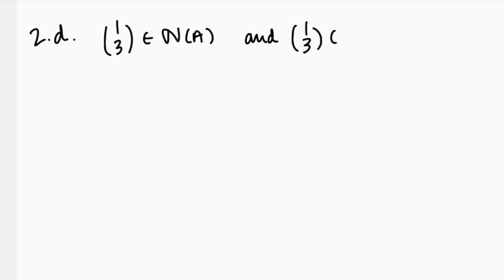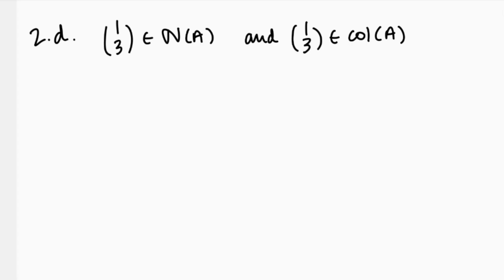For 2D, the null space contains 1, 3, and the column space contains 1, 3. Okay, 1, 3 is in the null space, and 1, 3 is in the column space.